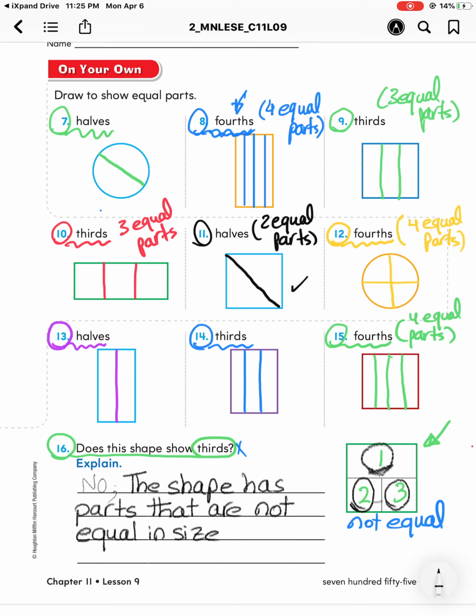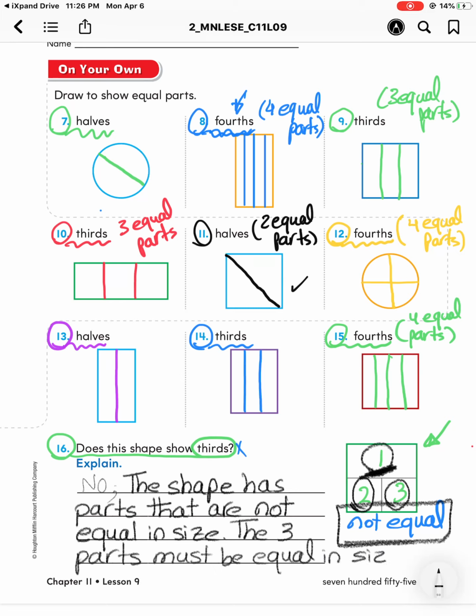But what about the part number 1? They make it not equal. Okay, now that are not equal in size, and the 3 parts must be equal in size to show thirds.